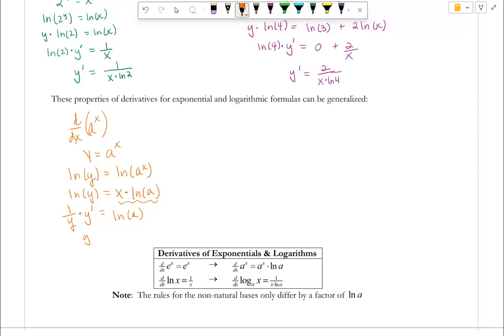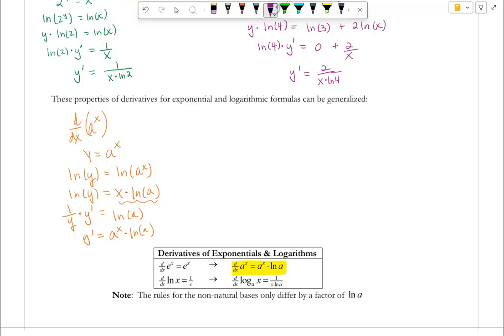So when we multiply both sides by y, we get a to the power of x times the natural log of a. So for any base, if I'm taking the derivative of an exponential of any base, not necessarily our natural base e, I'm always going to get a to the power of x times ln of a.